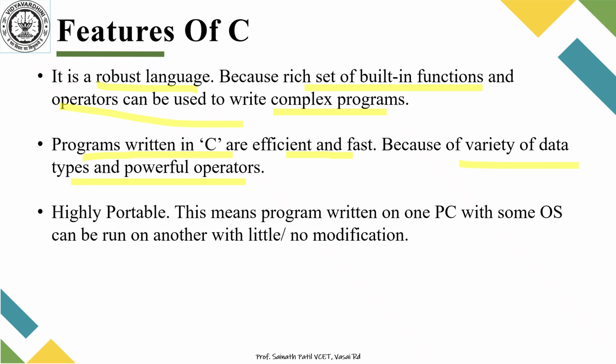And most important is it is a highly portable language. That means a program written on one PC with some OS, for example Windows or Linux, can be run on another machine with the same OS or a different OS with no modification or little modification.